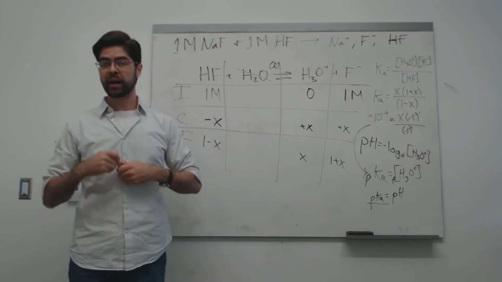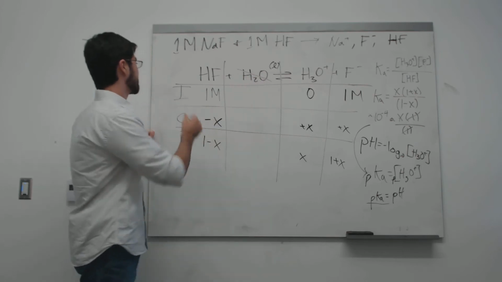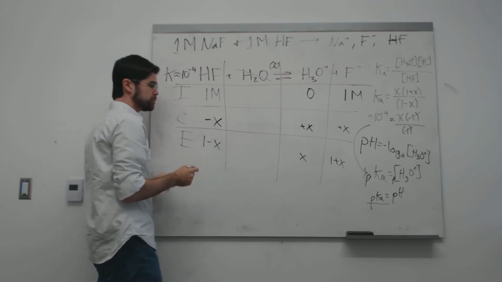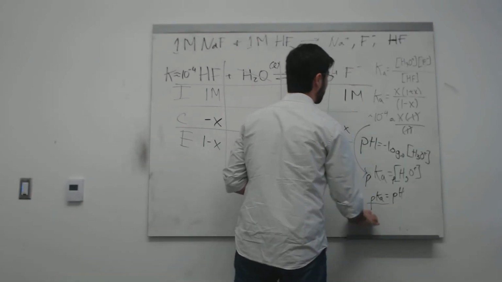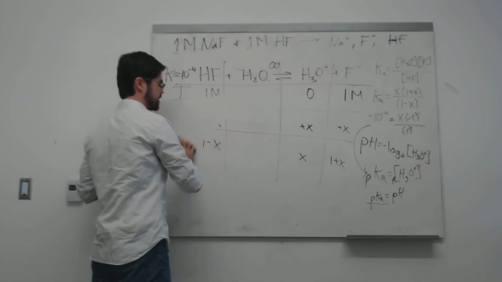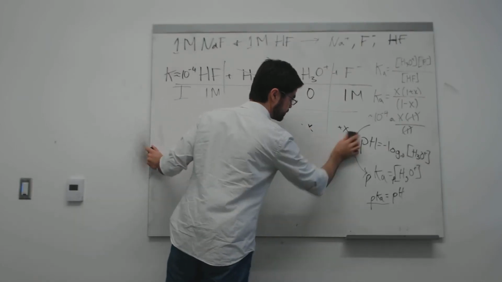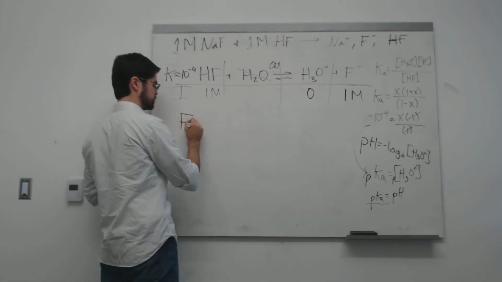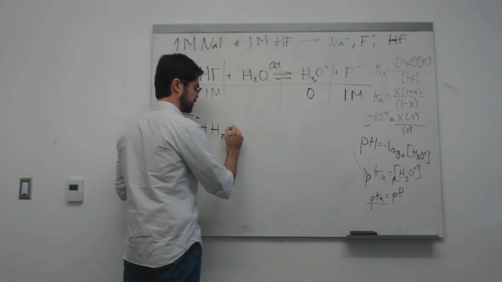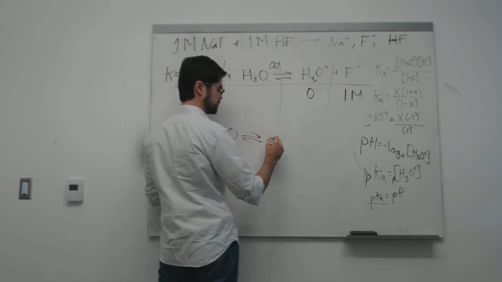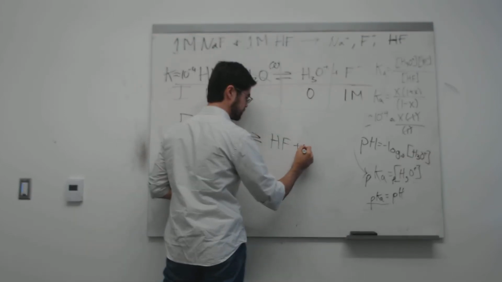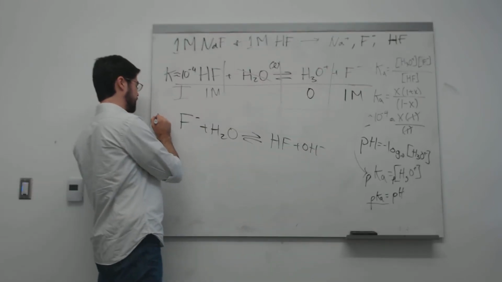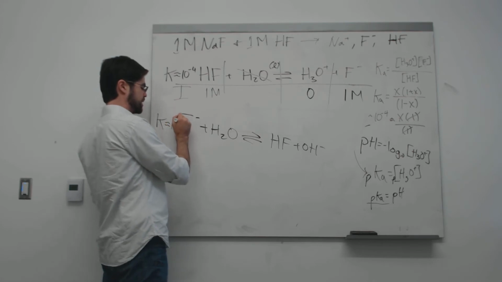HF's equilibrium constant reacting with water, that K value is around 10 to the negative 4. The K value for fluoride sticking a proton onto water, this reaction, which would result in a net basic solution, the equilibrium constant for this reaction is around 10 to the negative 10.